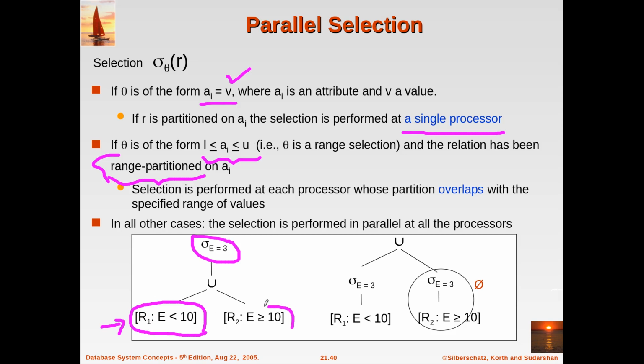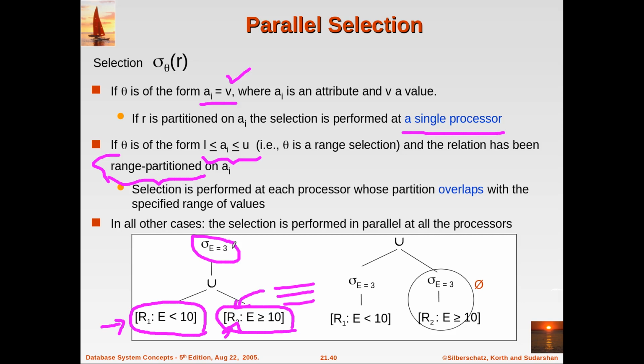Similarly, we have another partition, R2, which consists of all the tuples that satisfy the condition that the attribute E has a value greater than or equal to 10. All the tuples belonging to this condition will reside at the second partition, which is called R2.